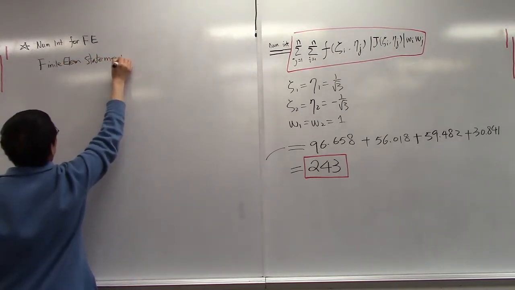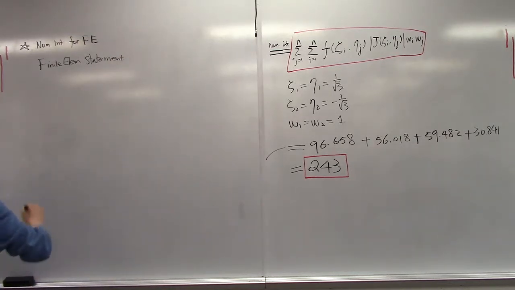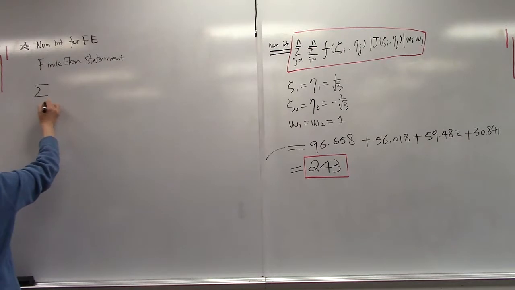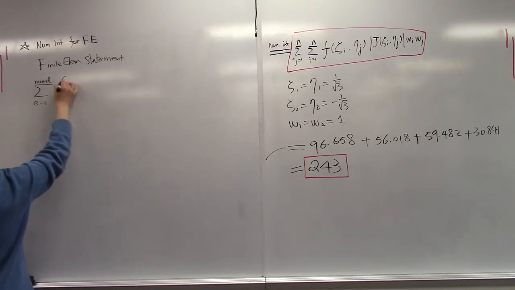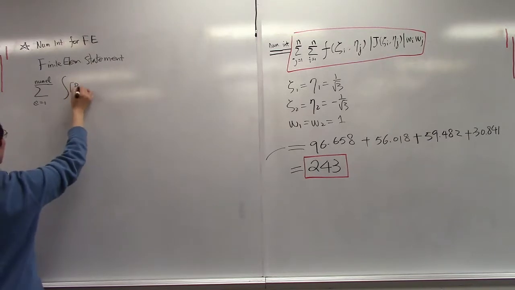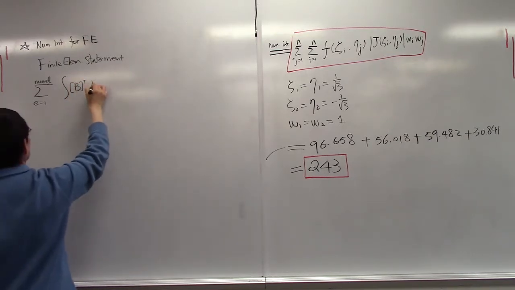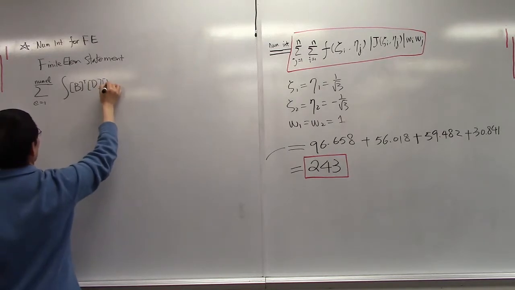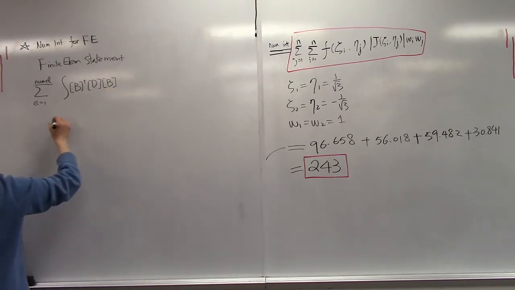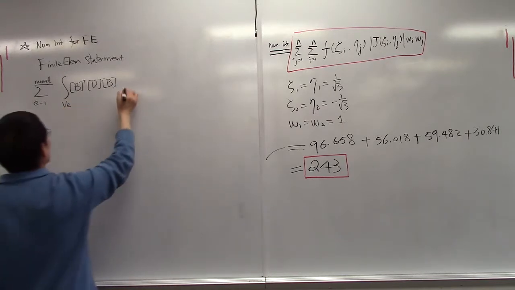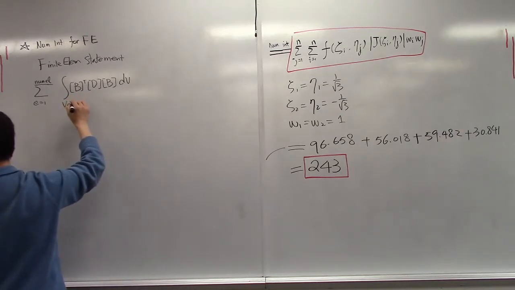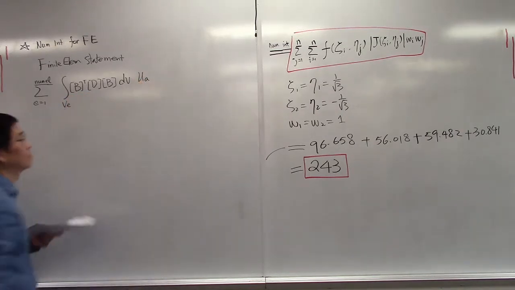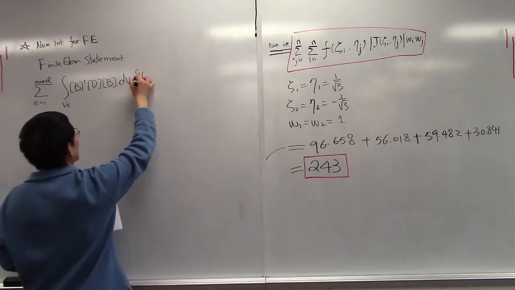We derived that in chapter A, I believe. Okay, is this in the weak form? You integrate it with respect from element 1 to the total number of elements: B matrix transpose and D matrix and then B. Again, this is over each element, and then dV times UA.